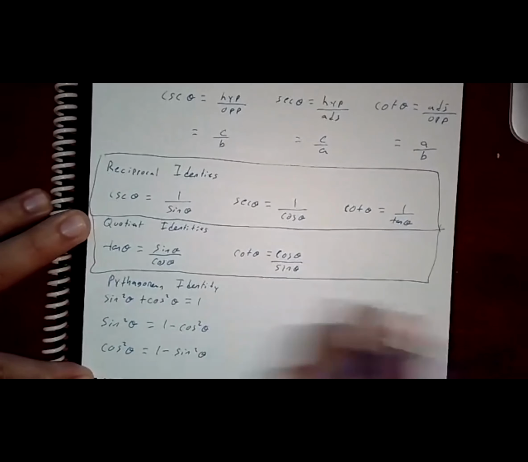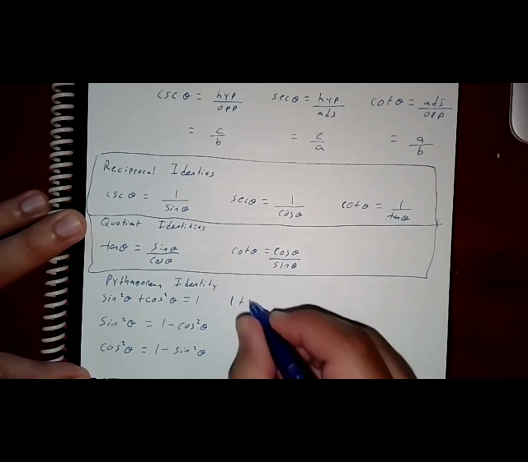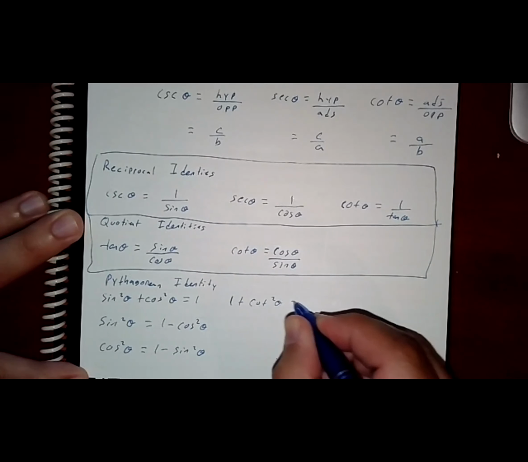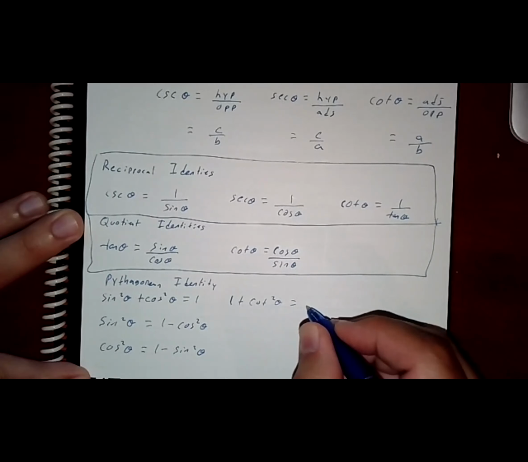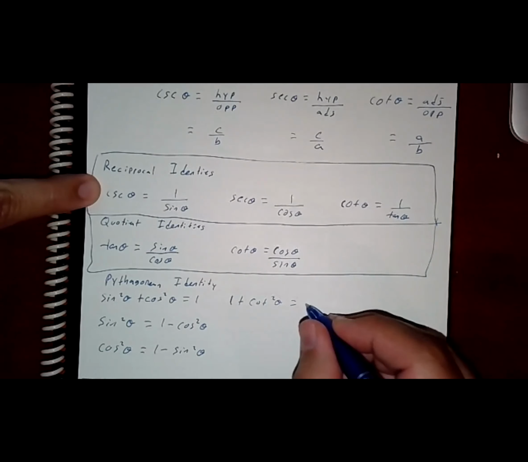So divide everything by sine: 1 plus cotangent squared theta equal to 1 over sine squared, which is cosecant squared.